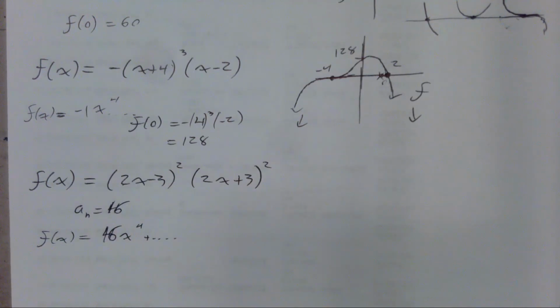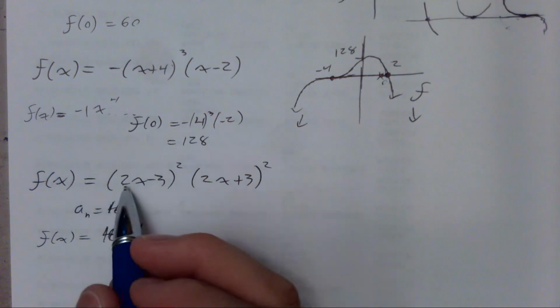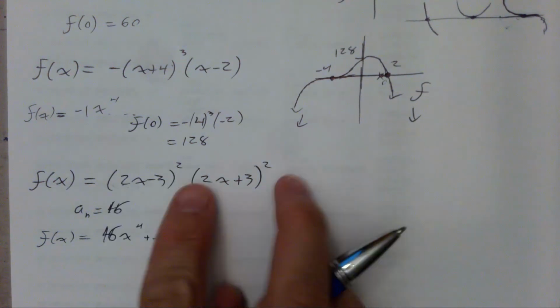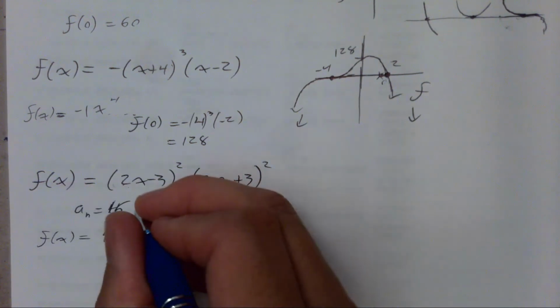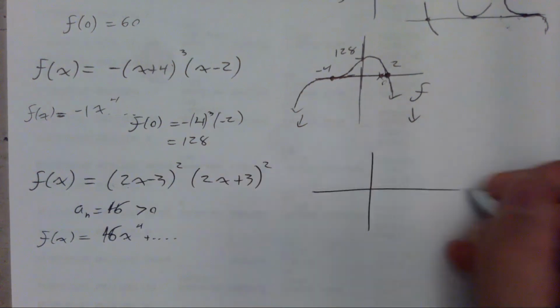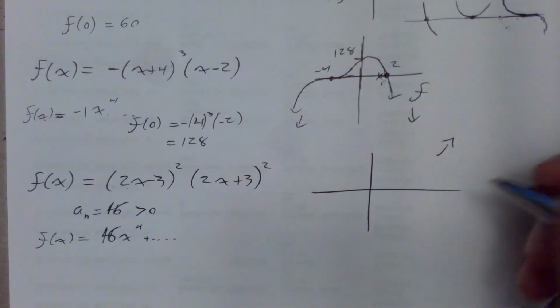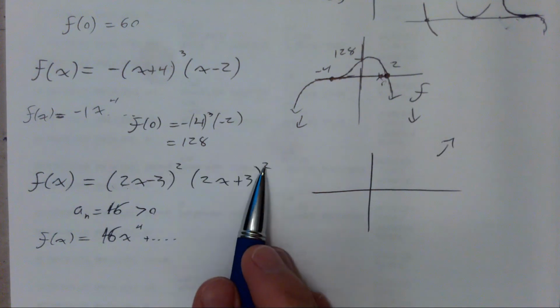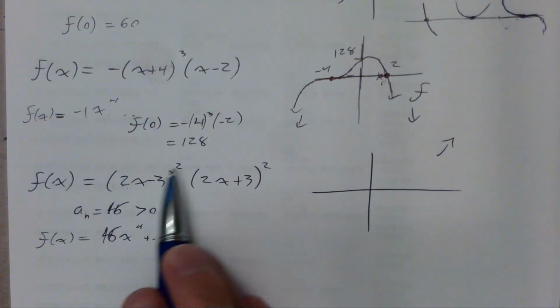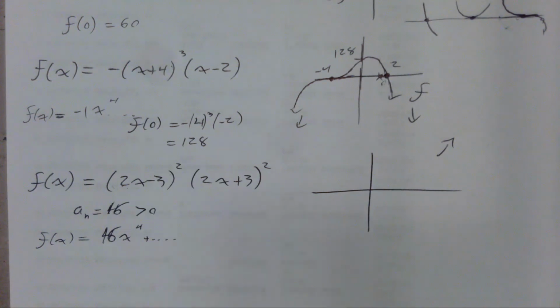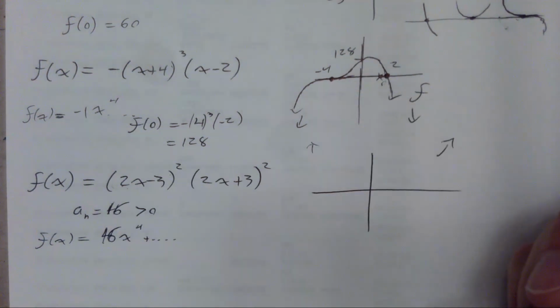All I really care about is that my leading coefficient is positive. I also care about the fact that this is going to be a degree 4 polynomial function. 1, 2, 3, 4. Meaning I have similar end behavior.